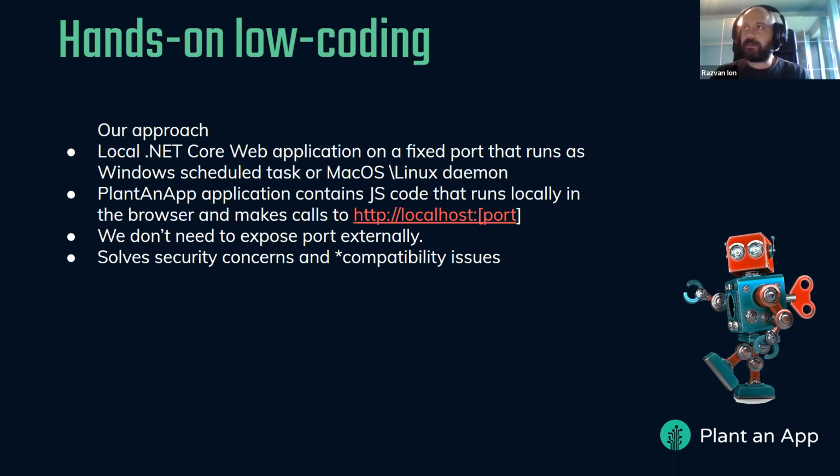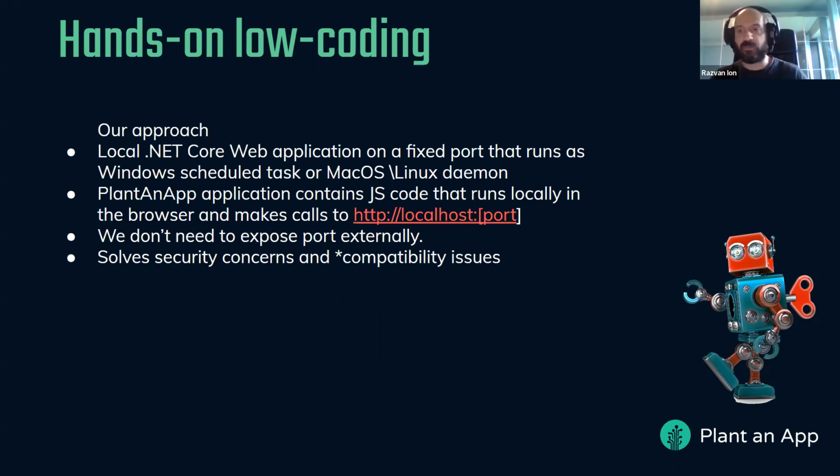And the PlantAnApp application, the one that gets downloaded into the browser, contains some JavaScript code that will run locally in the browser and will make calls to this locally installed application. We don't need to expose the port, so everything is secure. This one solves the security concerns and the compatibility issues I mentioned.